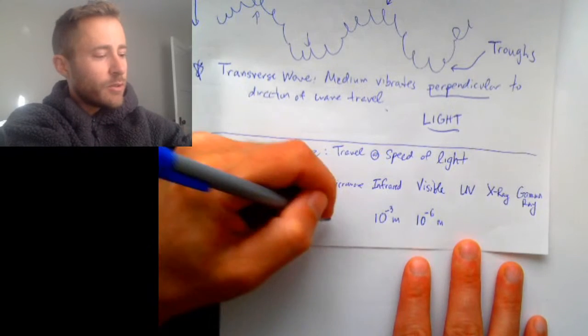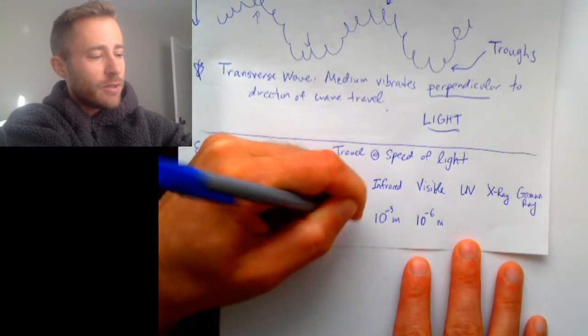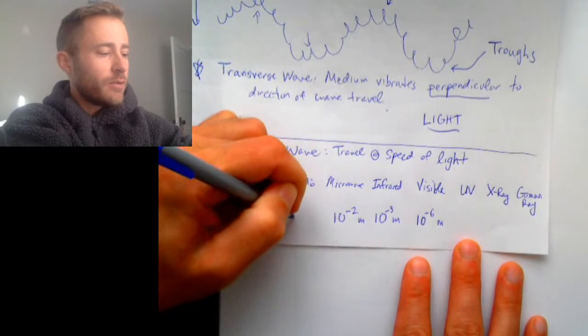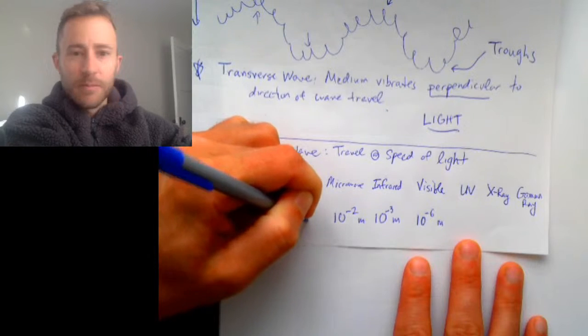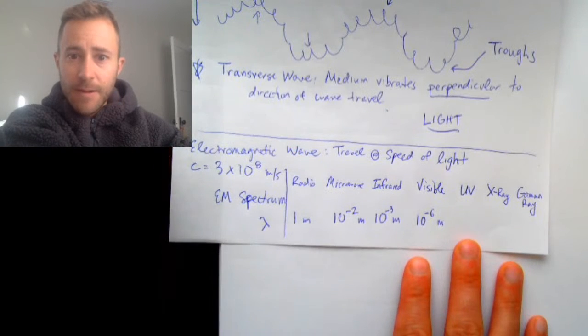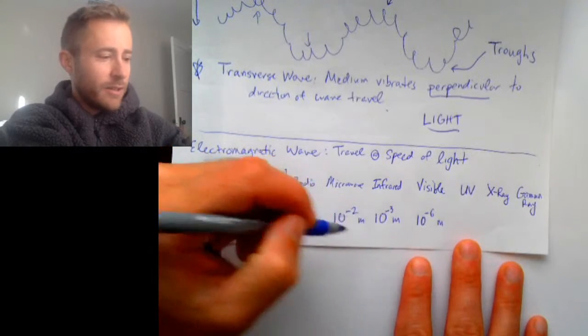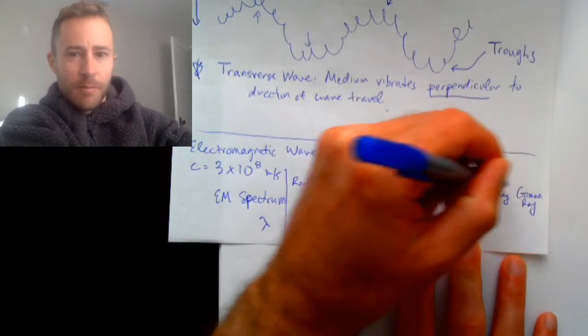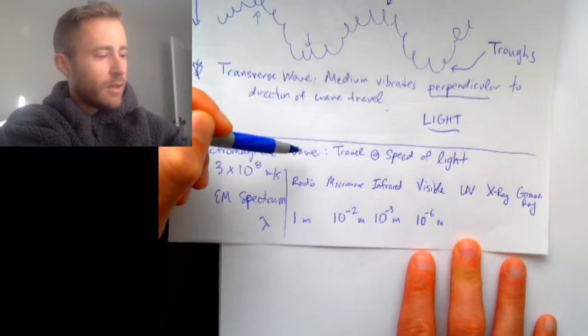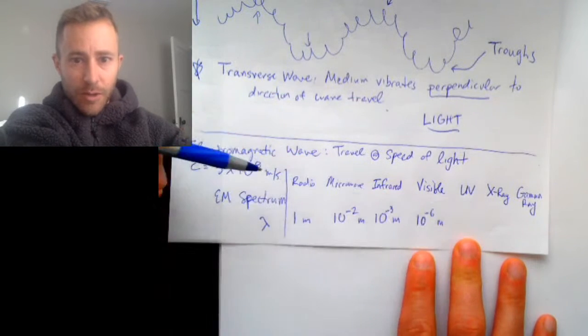For microwave, it's approximately 10 to the minus 2 meters. For radio waves, it's approximately 1 meter. You don't have to memorize these, but the idea is that as we go from right to left, the wavelength gets bigger and bigger.